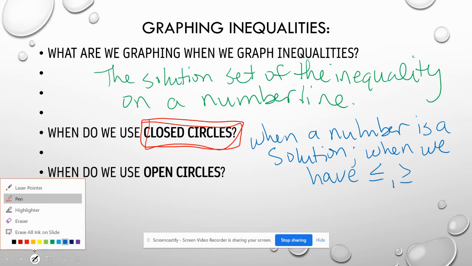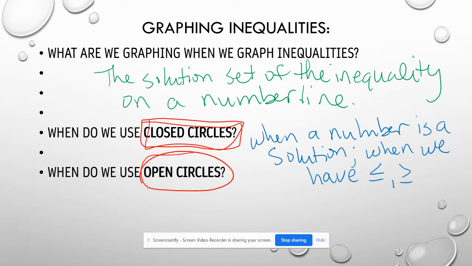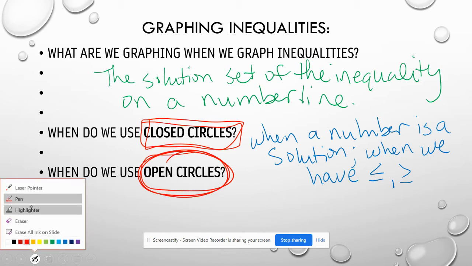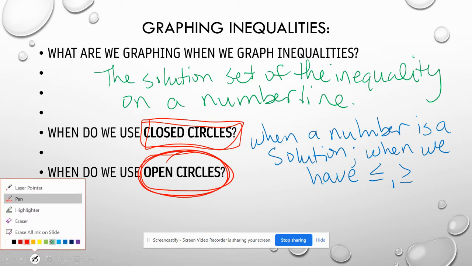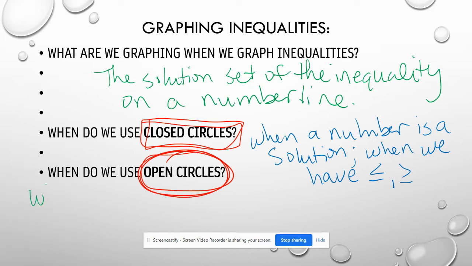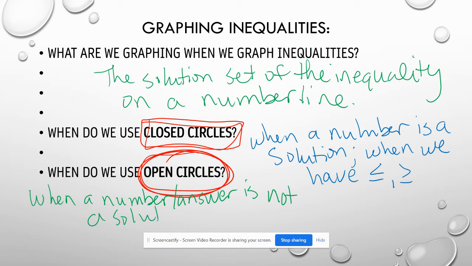Versus closed circles, open circles. Open circles are when the answer that you get is not a solution, but starts the solution set.